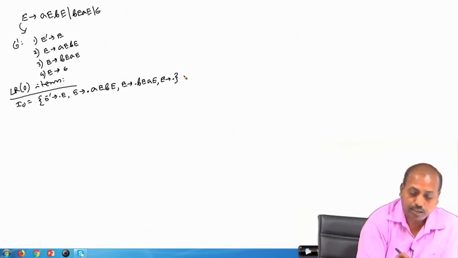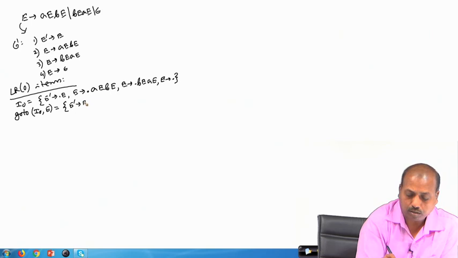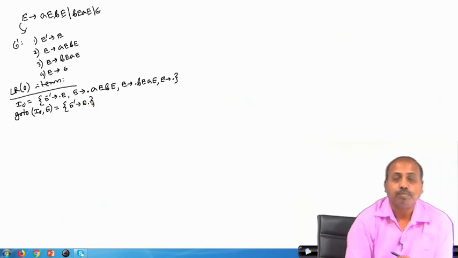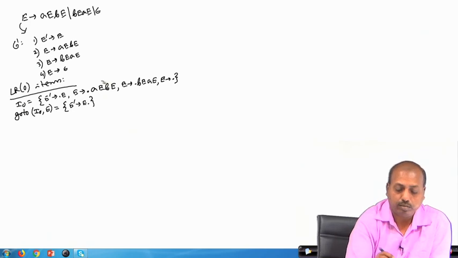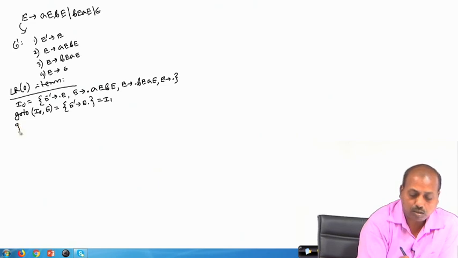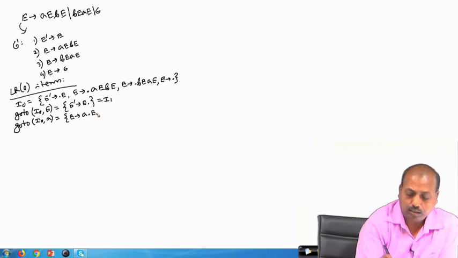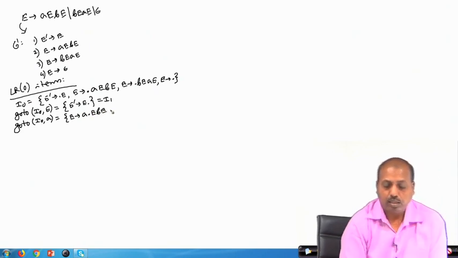Now, go to I0 E. That will give us E dash giving E dot, and that will give us E dash producing E dot, and that is the set I1. Now, go to I0 A. Go to I0 A is E producing A dot E B E, okay.